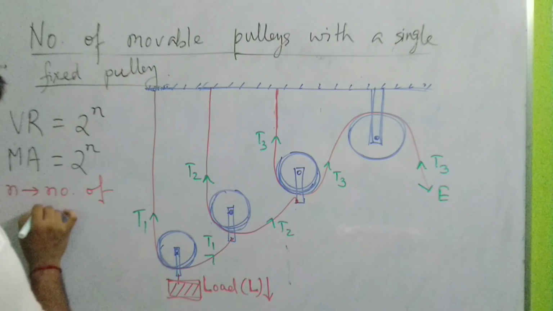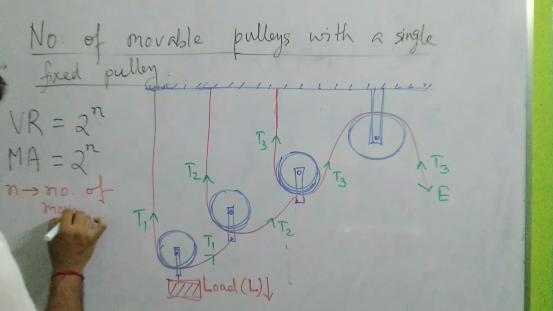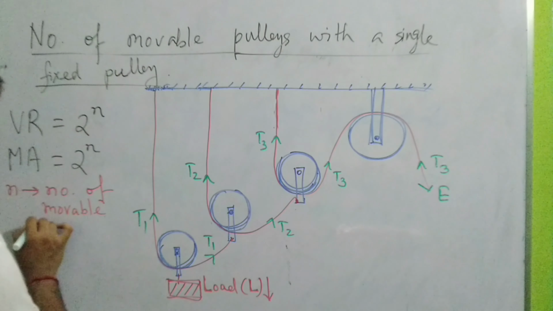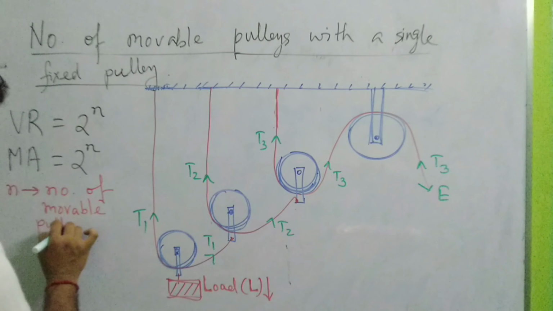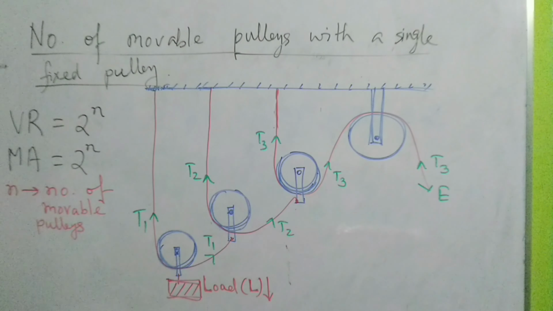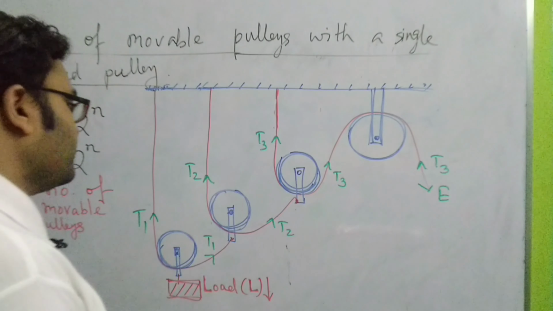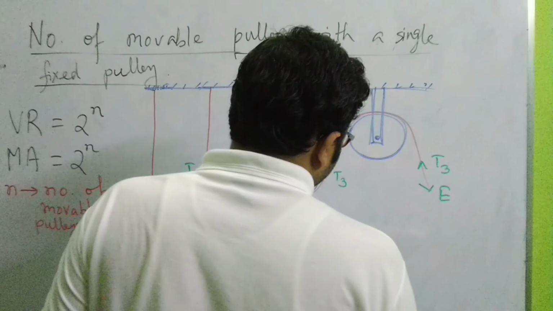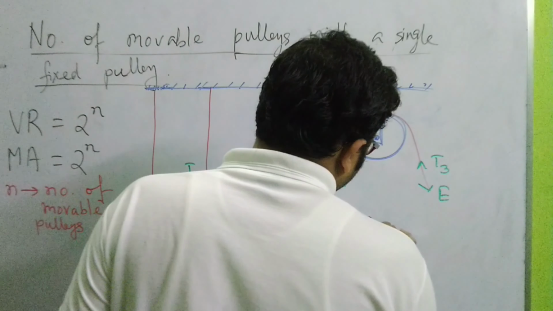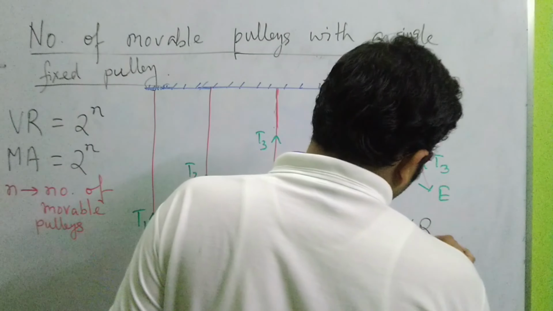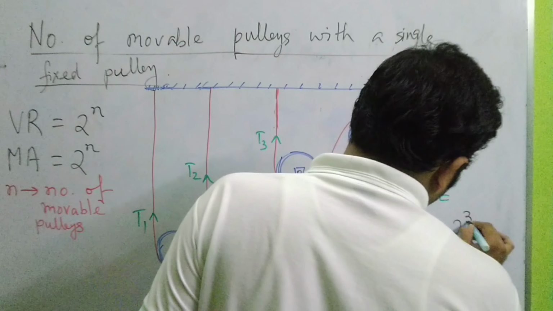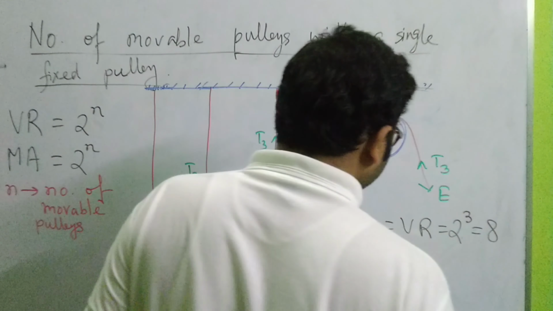So in this figure, how many movable pulleys do you have? 3. So obviously the mechanical advantage or the velocity ratio for this arrangement will be 2 to the power 3, that is equal to 8. For this, if we consider the ideal system, then MA is equal to VR is equal to 2 to the power 3, that turns out to be 8.